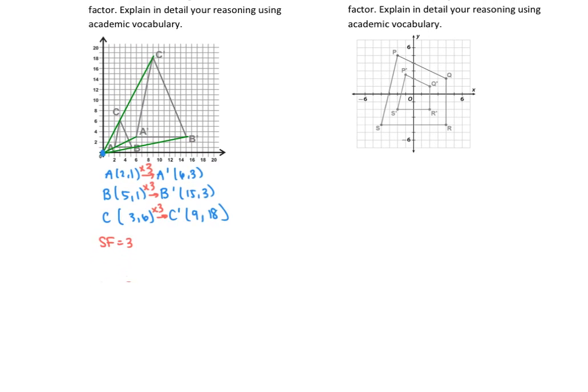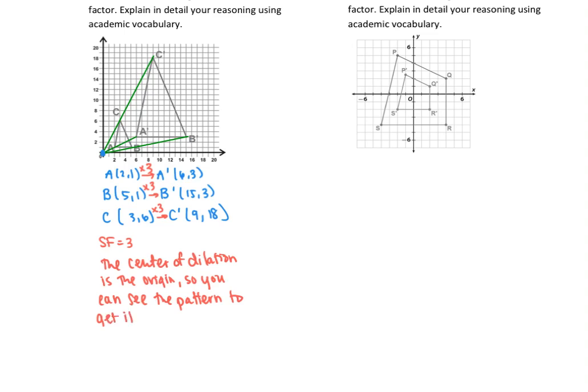So in terms of reasoning, I'm going to say the center of dilation is the origin. So you can see the pattern to get the new points, or get the prime points, is multiply by 3.